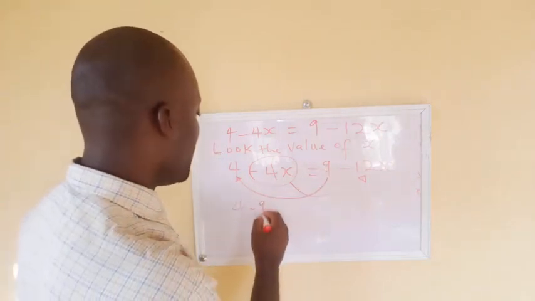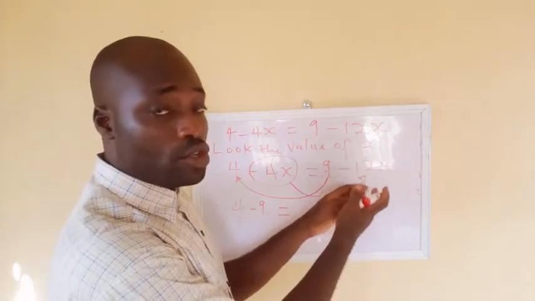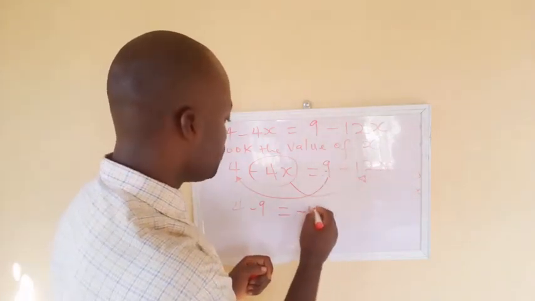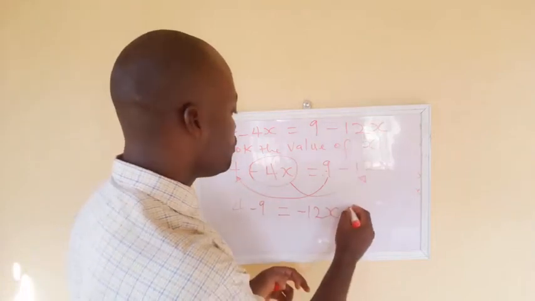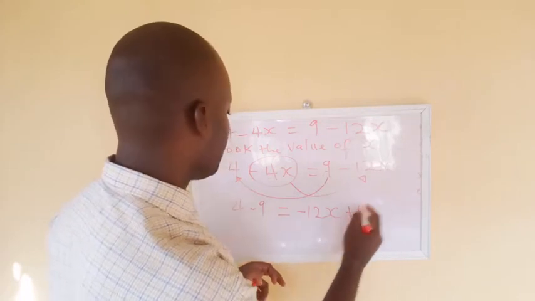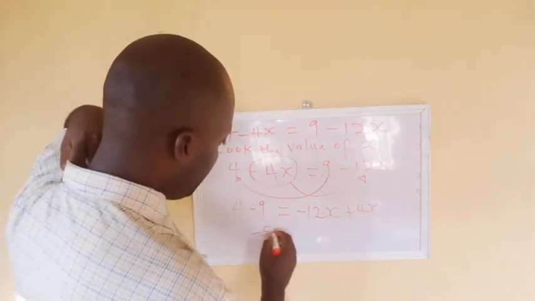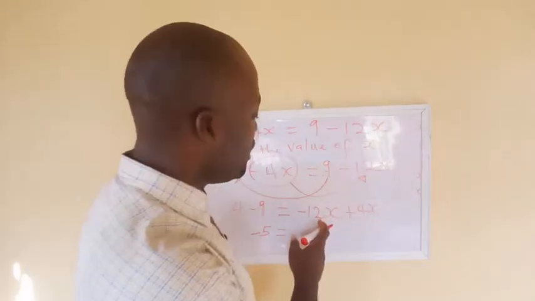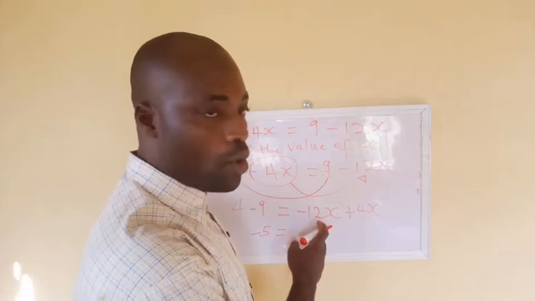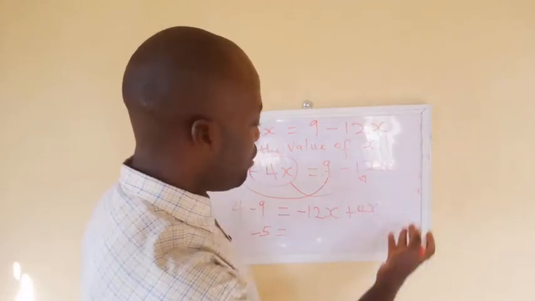So this will be 4 minus 9 equal to, now, minus 12x will also remain where it is, then minus 4x will come and change to plus 4x. So 4 minus 9 will give us minus 5. And minus 12x is just like you are owing someone 12x. Plus 4x, you pay back 4x.